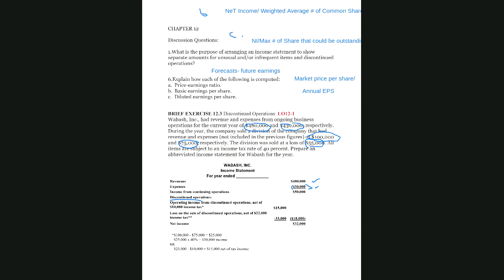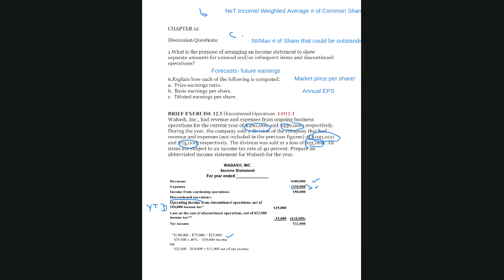Okay, so the net income from discontinued operations, we know is here. If you look at the bottom, the calculation is there. $100,000 was the revenues year to date. Okay, so here, this operating income, this is the one figure that has to be shown, the operating income year to date for the discontinued segment.